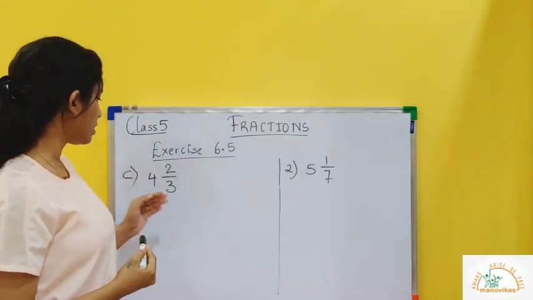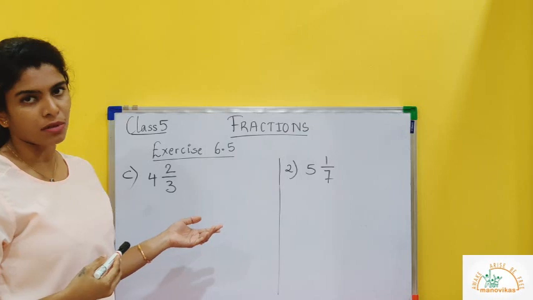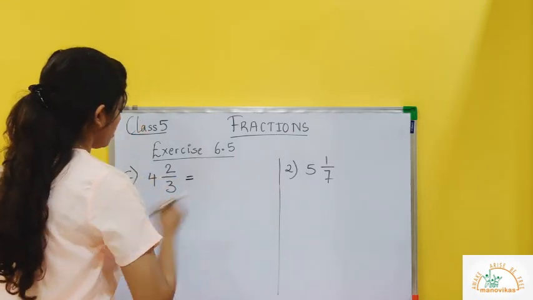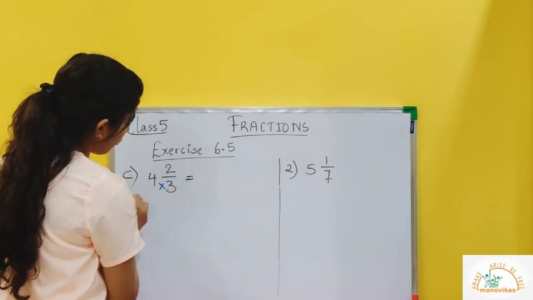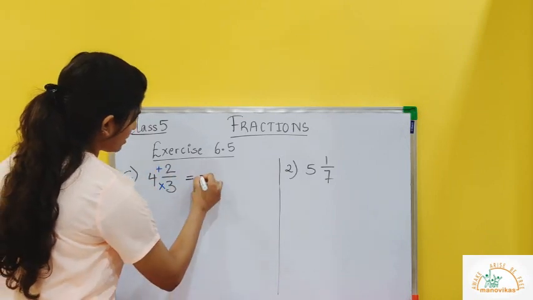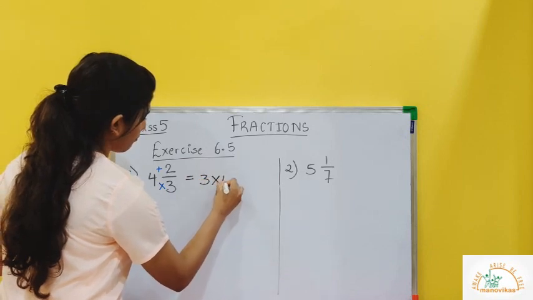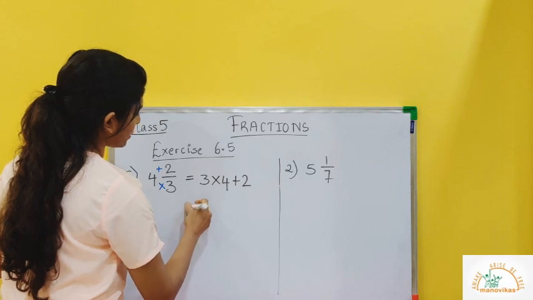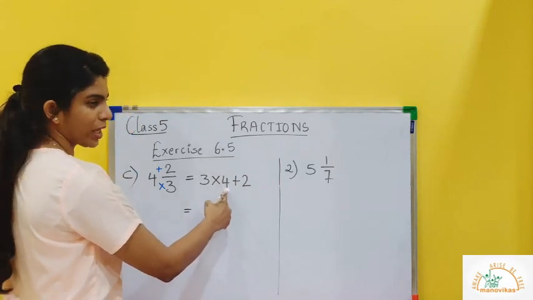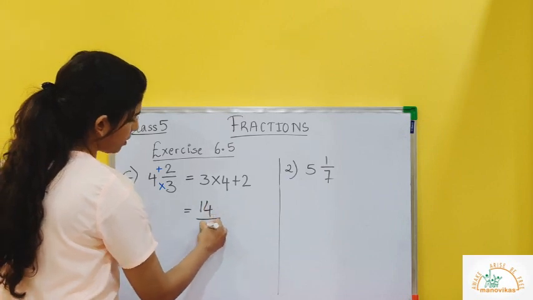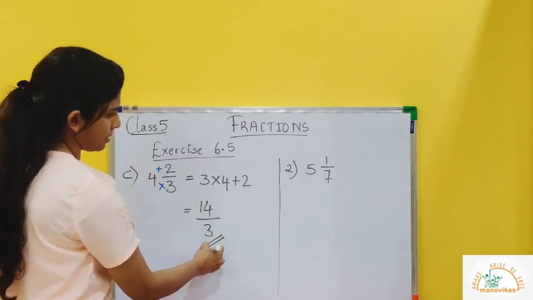Question C, you have to convert mixed fractions into improper fractions. How do you do that? So 3 multiplied by 4 plus 2, right? So I write 3 multiplied by 4 plus 2. What do I get? 3 fours are 12. 12 plus 2 is 14 upon 3 is the answer.